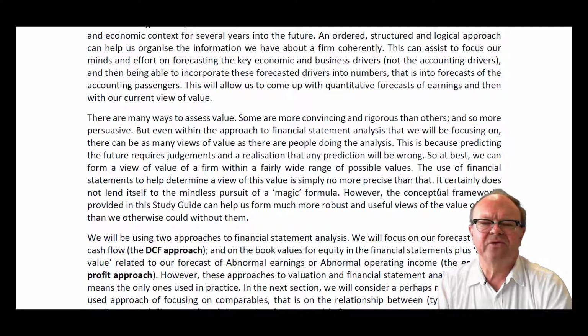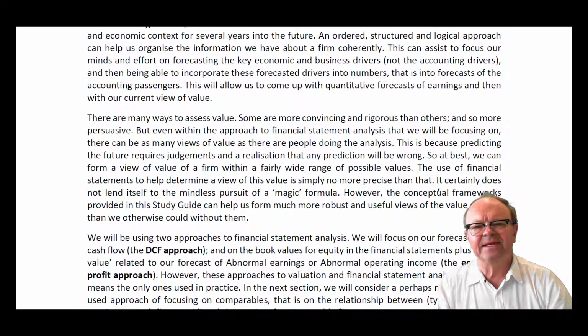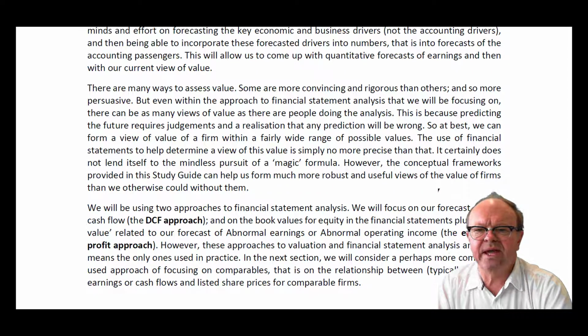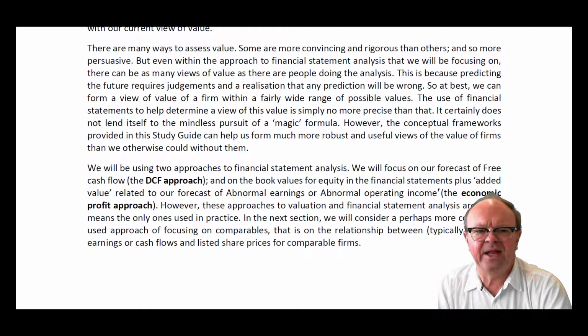This can assist to focus our minds and effort on forecasting the key economic and business drivers, not the accounting drivers, and then being able to incorporate these forecasted drivers into numbers, that is, into forecasts of the accounting passengers. This will allow us to come up with quantitative forecasts of earnings and then with our current view of value.